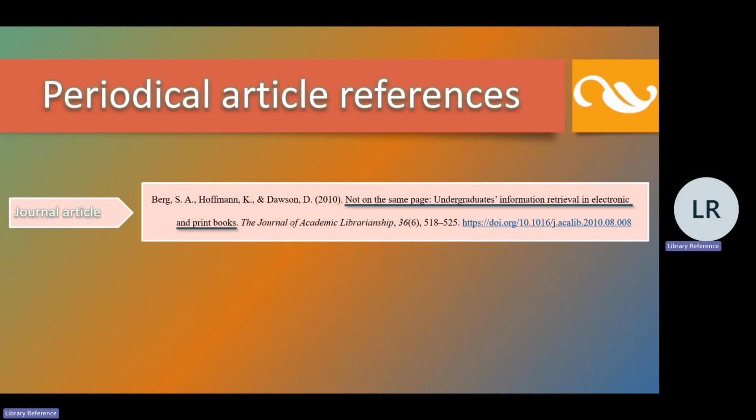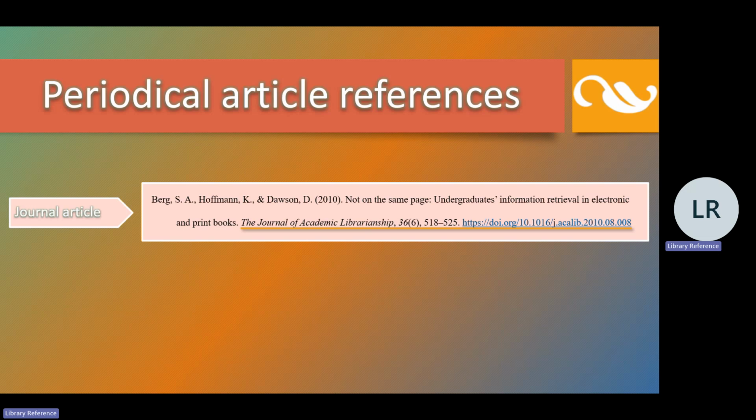Then we have the title of the source, in this case, Not on the Same Page: Undergraduates' Information Retrieval in Electronic and Print Books. And then we have the locational information, which in this example comprises the title of the Journal of Academic Librarianship, comma, volume 36, issue 6, comma, pages 518 to 525.